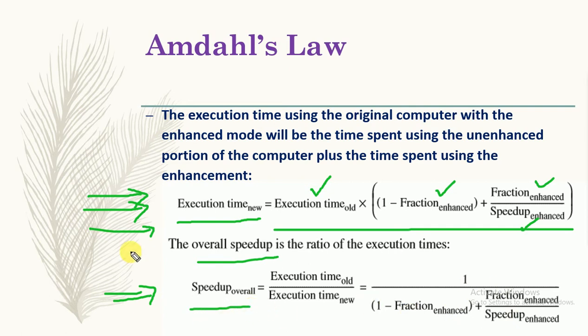So these are the two quantitative measures evaluated based on Amdahl's law. When we design a new system and some enhancement is added, we need to say that this has a better execution time than the previous one. Also we should mention that the overall speed up gained by using this system is better than the previous one.